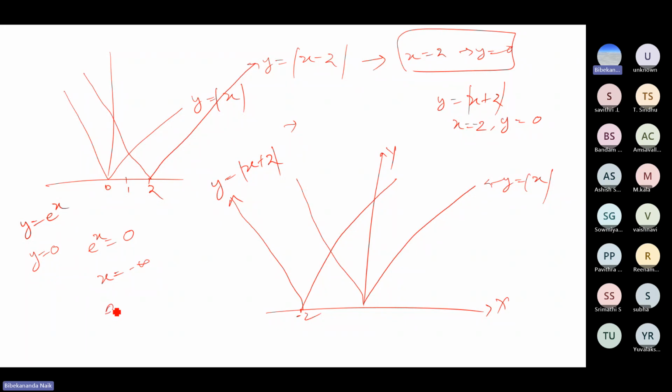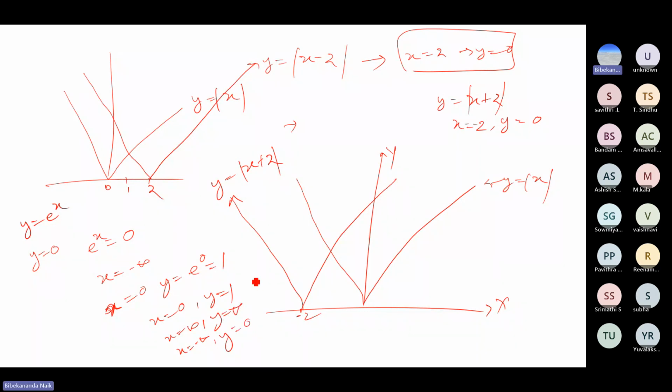But when x equal to 0, y equal to e to the power 0 equal to 1. So at x equal to 0, y equal to 1; x equal to infinity, y equal to infinity; x equal to minus infinity, y equal to 0.